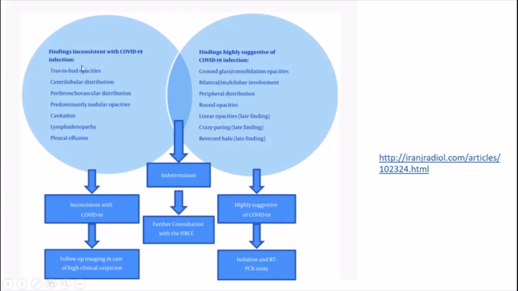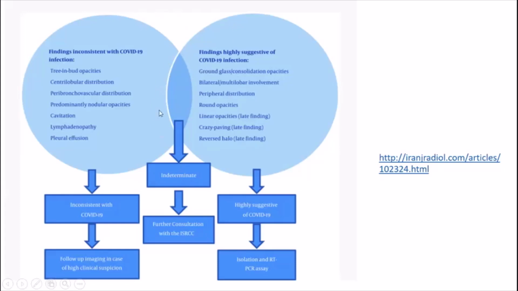So you would have patients who have findings that are inconsistent with COVID-19. Especially if they have clinical suspicion, like a history of travel or meeting with someone who was positive, we should follow up imaging in case of high clinical suspicion. Otherwise, they should be excluded as COVID-19 infections.